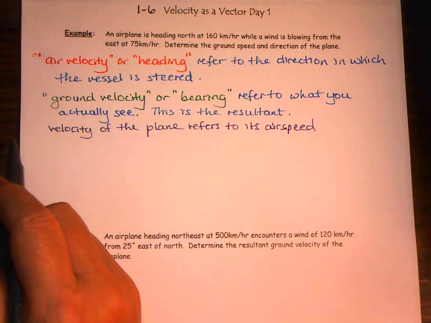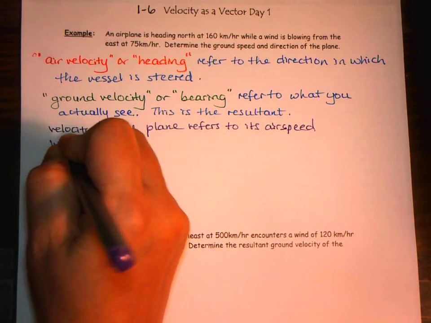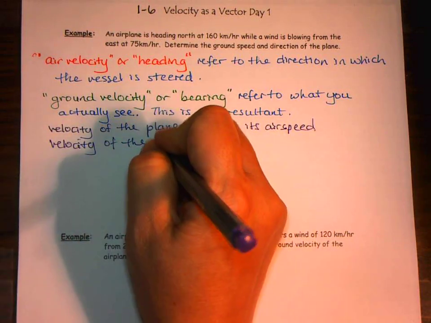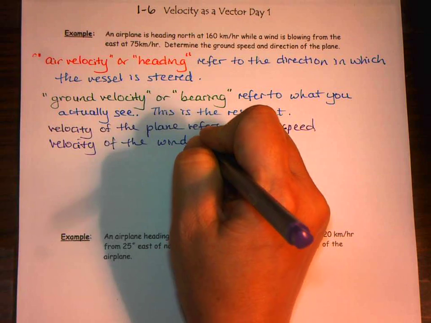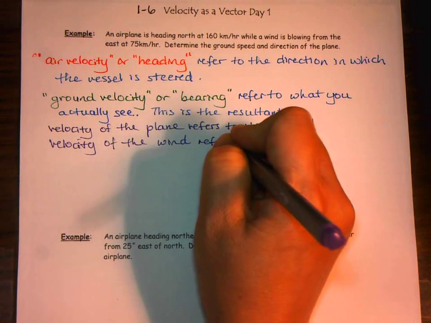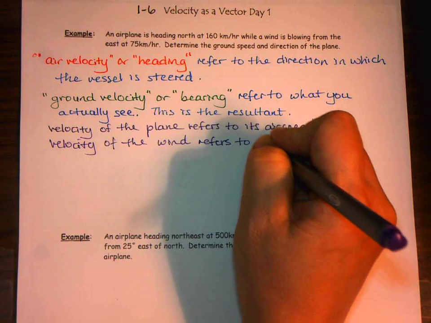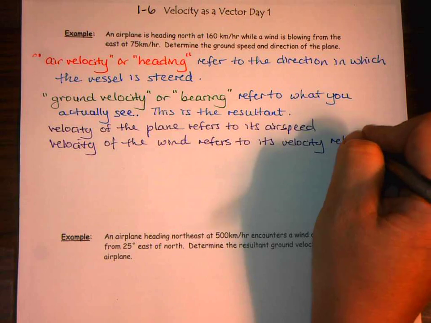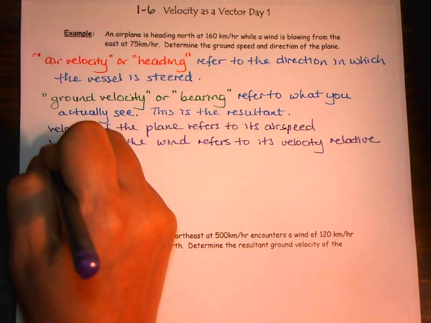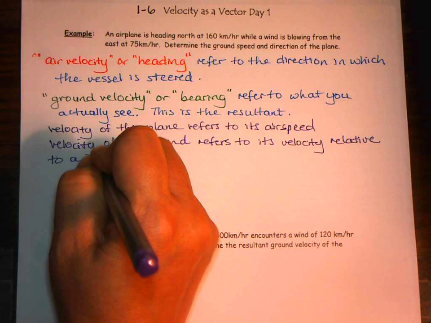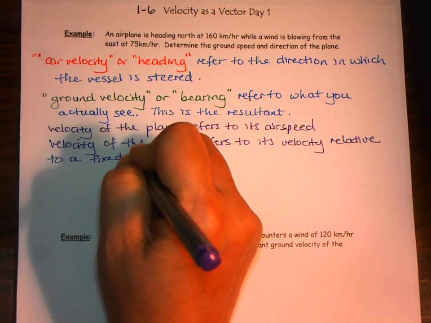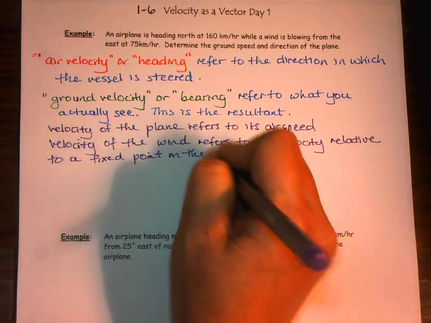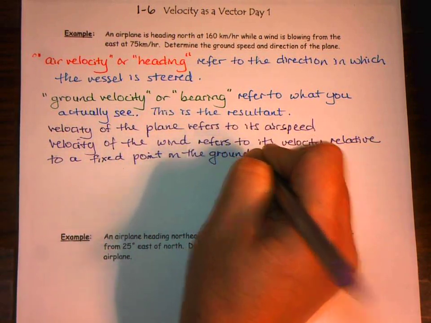Whereas the velocity of the wind refers to its velocity relative to a fixed point on the ground. Okay.